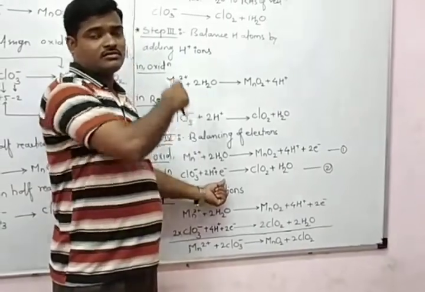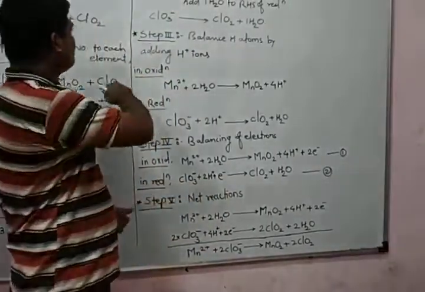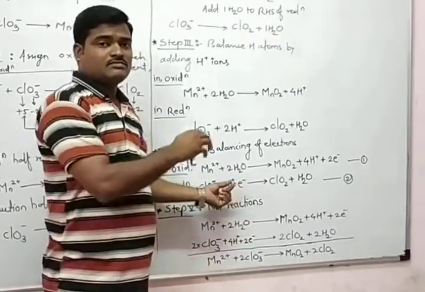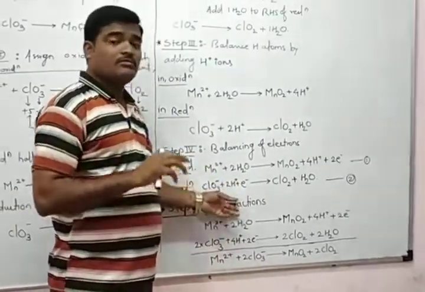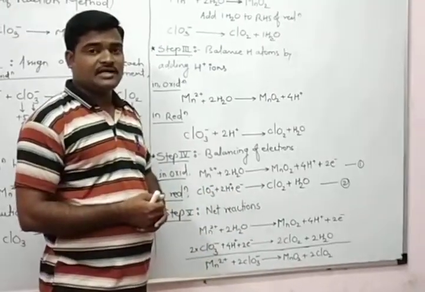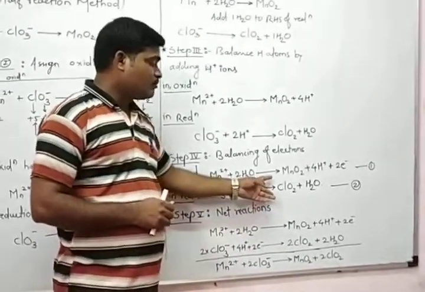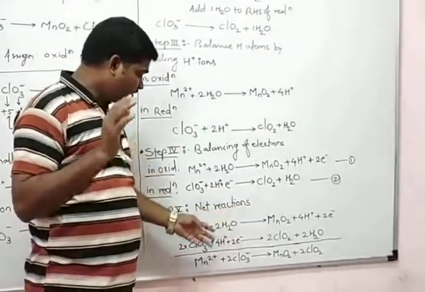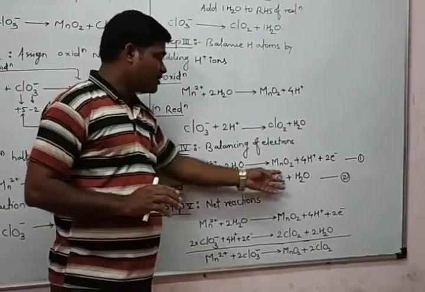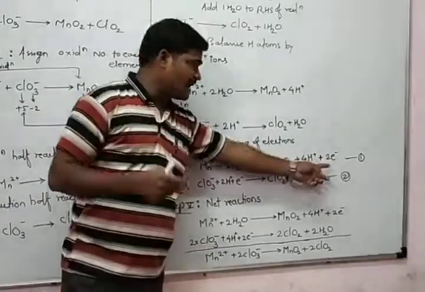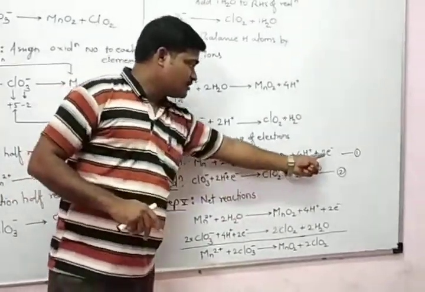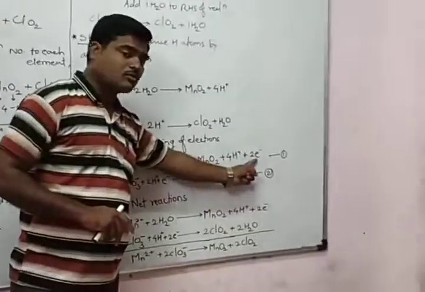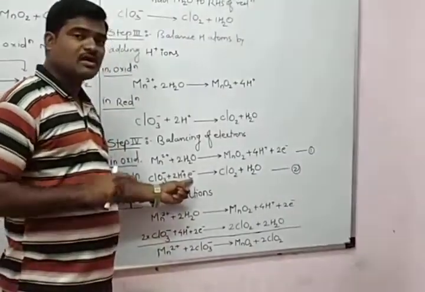According to the given equation we balanced the electrons, but when we want to write the net reaction, both half reactions should have an equal number of electrons.